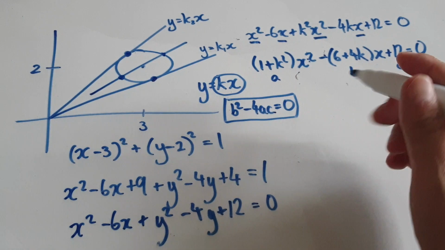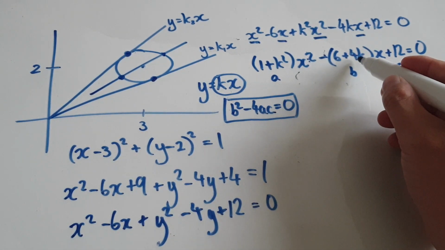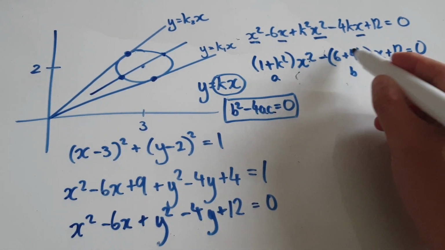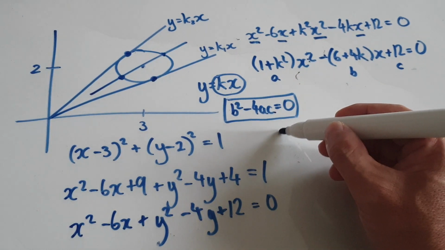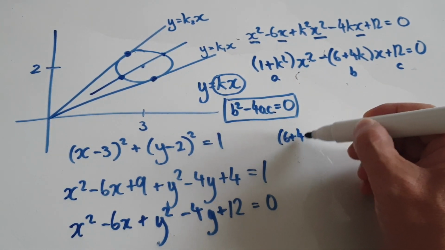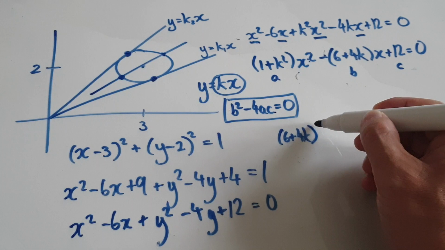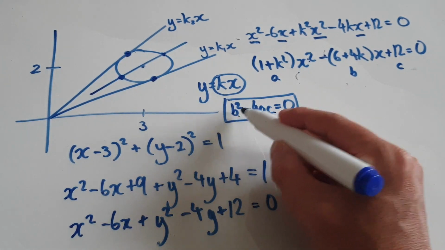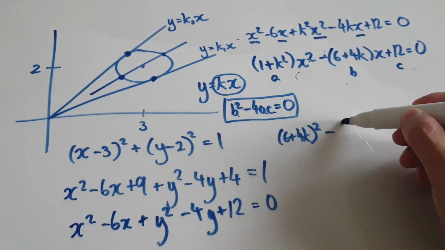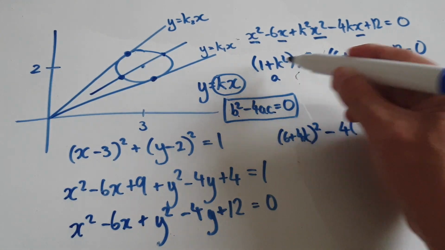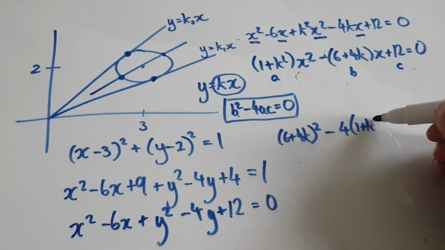So b squared, which is this thing here, negative squared would be this, this 6 plus 4k bracket squared. That's our b squared there. Take away 4a, this is a here, 1 plus k squared.